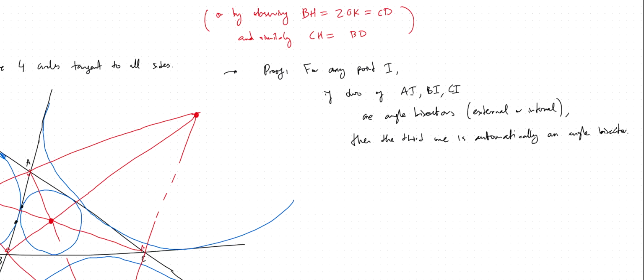The reason is, because if AI is an angle bisector, then I has the same distance to AB and AC.